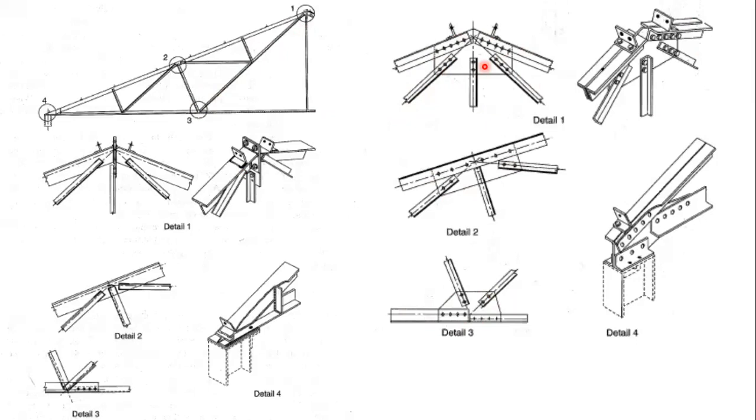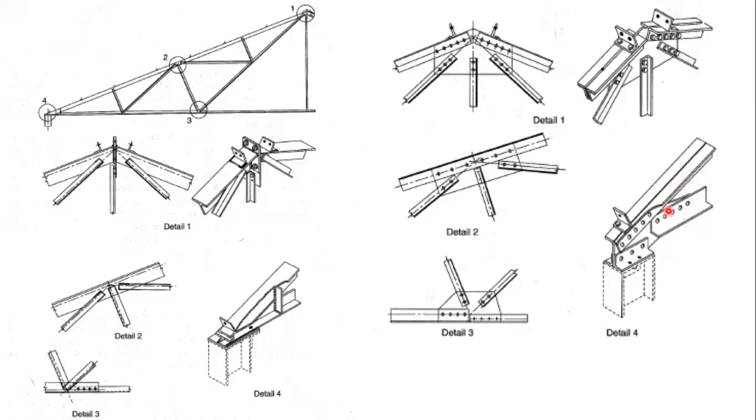What we have to ensure is that the gusset plate thickness is strong enough to withstand the maximum force in these members. Say one of the members over here is experiencing a force of 100 kilonewtons. In this connection, say this tie member has a force of 100 kilonewtons in tension, and this is carrying a force of 80 kilonewtons in compression or in tension.